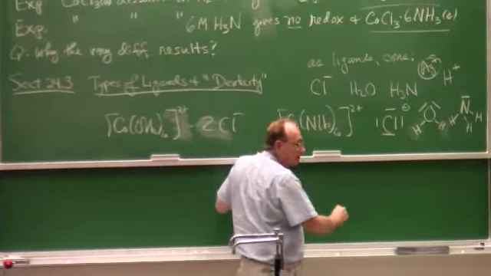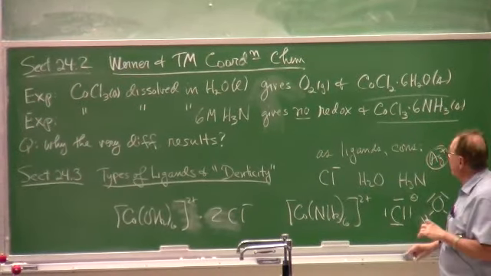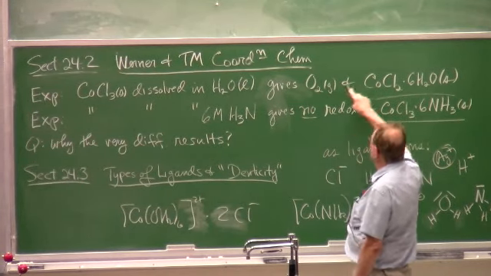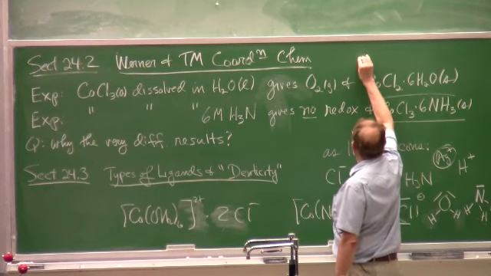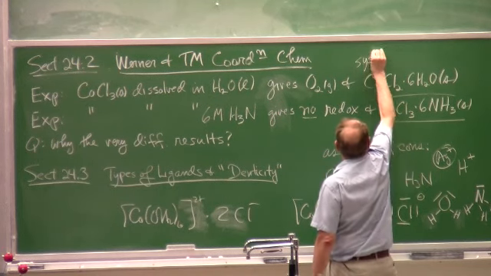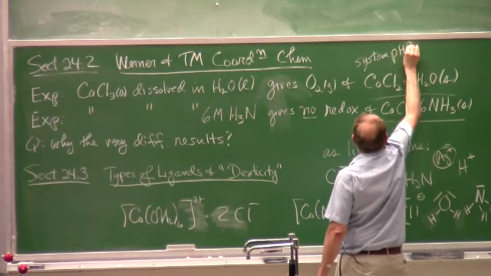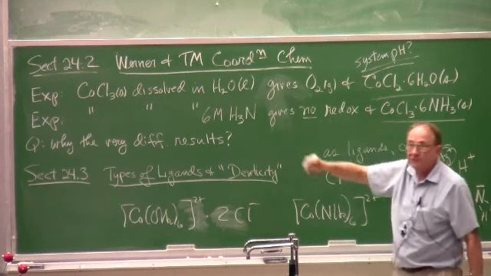But, since this relates directly to stuff we did in chapter 22, I'll ask again. In this experiment, where we got oxygen, what do you think happened to system pH as this reaction ran?